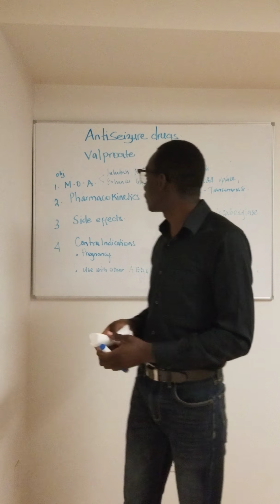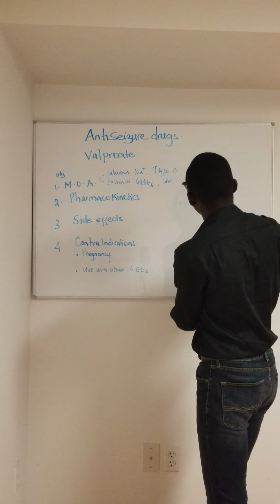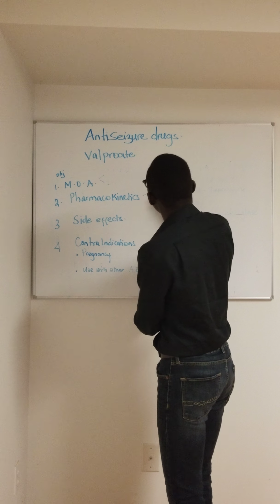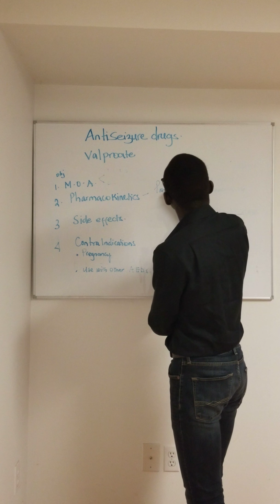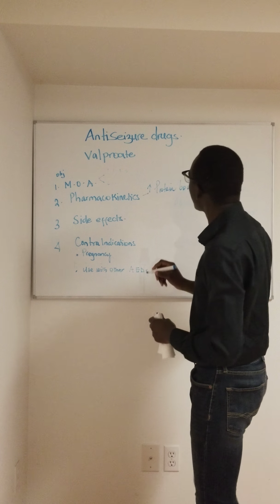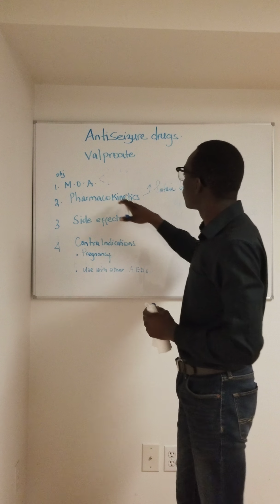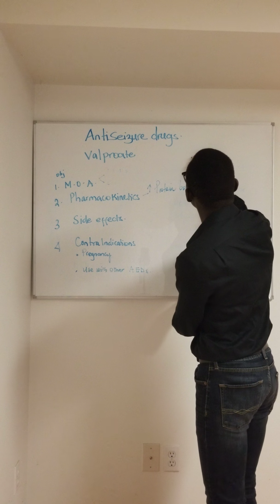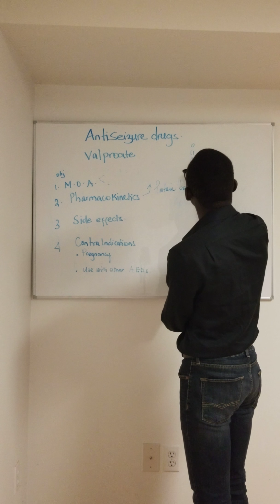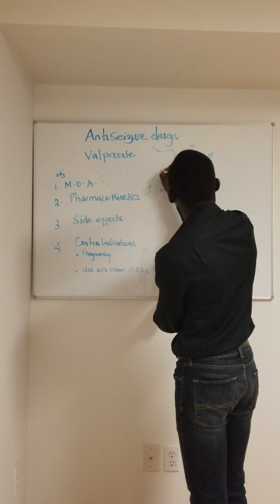To go to its pharmacokinetics, first of all, this drug is highly protein bound. That means it will displace any other weak acids. First of all, valproate has a structure. It's an acid, dipropyl acetic acid. This is how the drug looks, its structure.